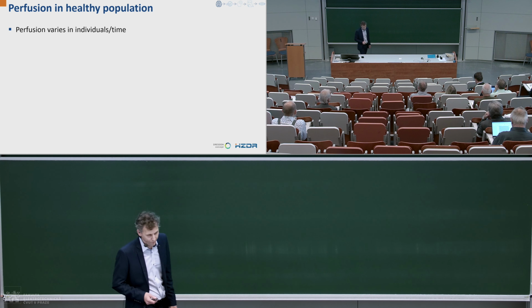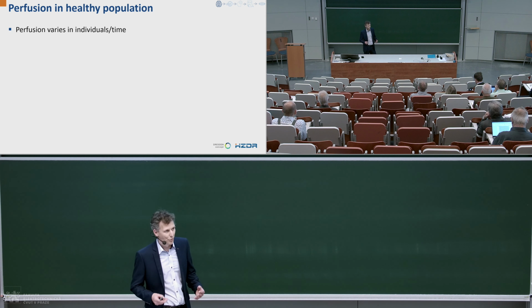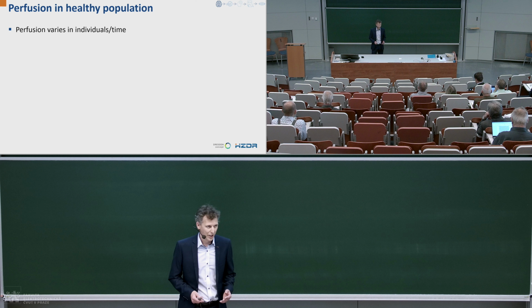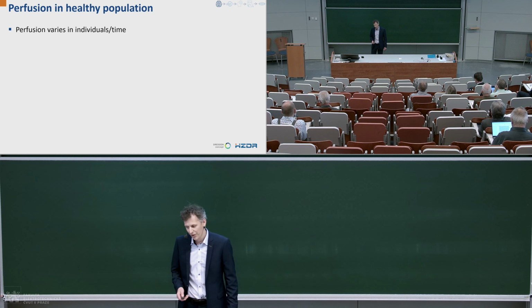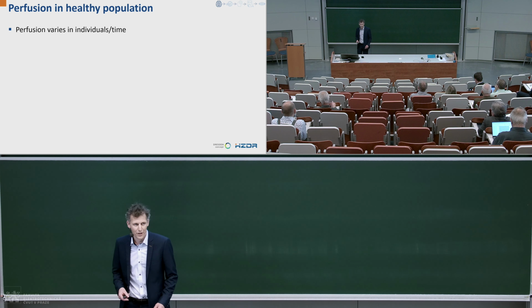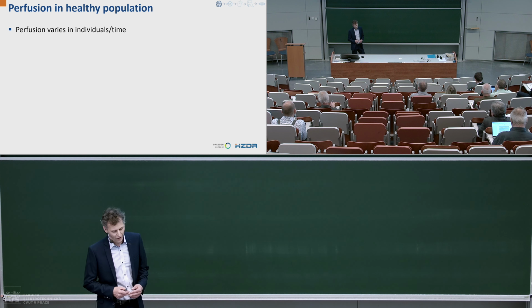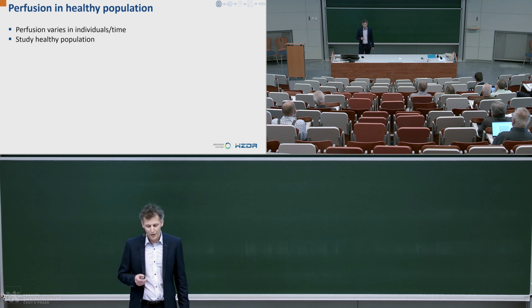Now, I said that we need an uninterrupted supply of blood to the brain, but that doesn't mean that the perfusion has to be constant at all times. Actually, there's quite some variation between individuals and also within an individual, and perfusion also changes in time. This gives us a very nice parameter to study the healthy population.